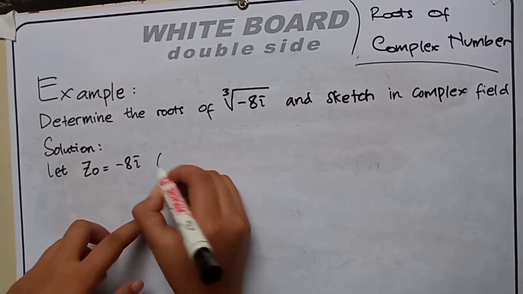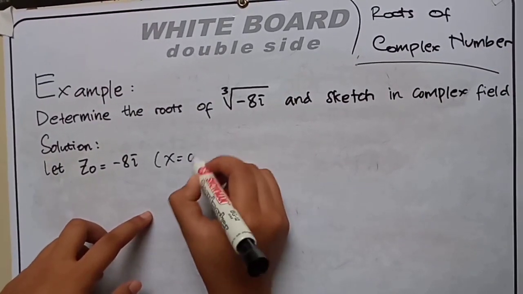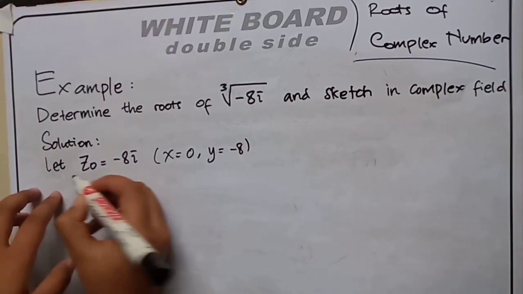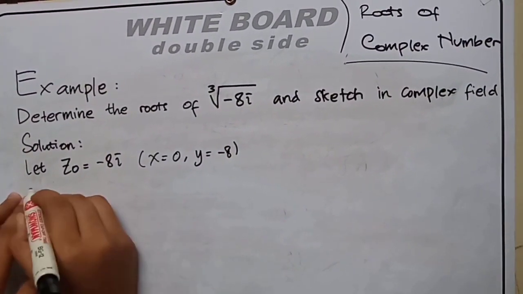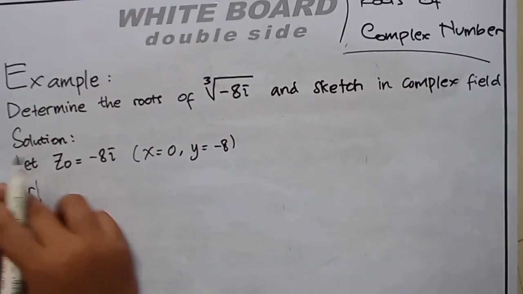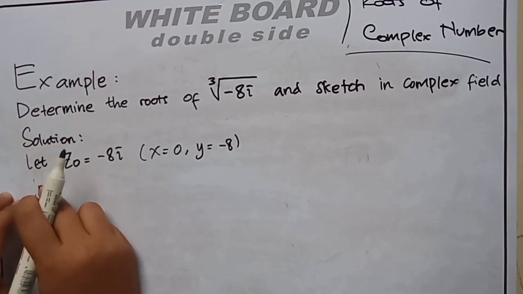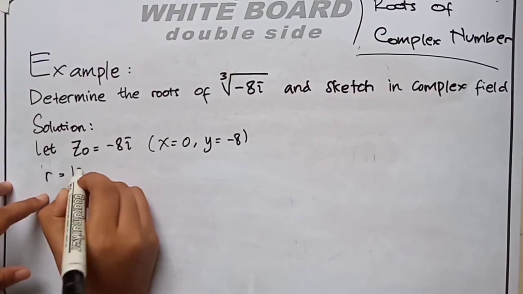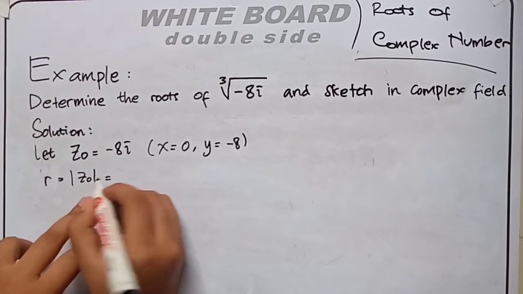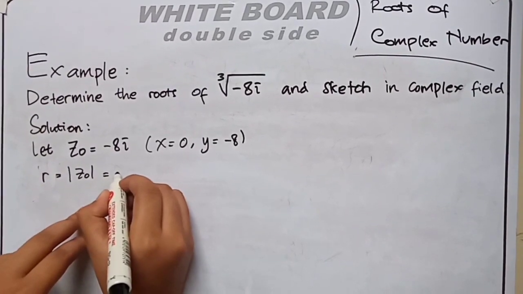From here, we know that x equal to 0 and y equal to negative 8. And then we will have the value of r. r is the modulus of z0. We will have r is 8.